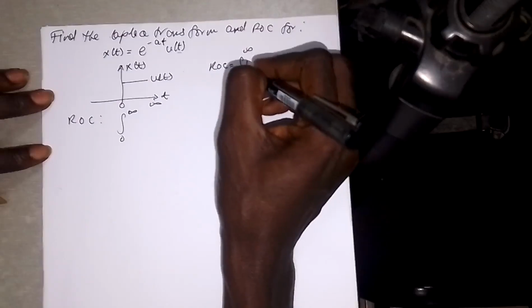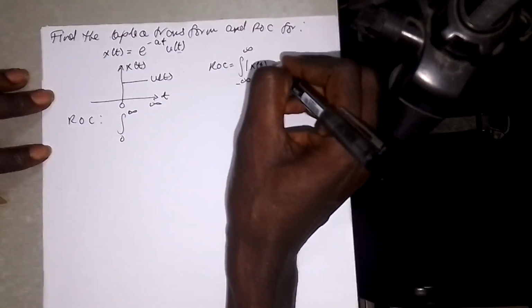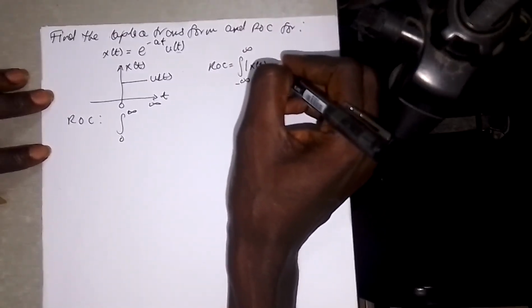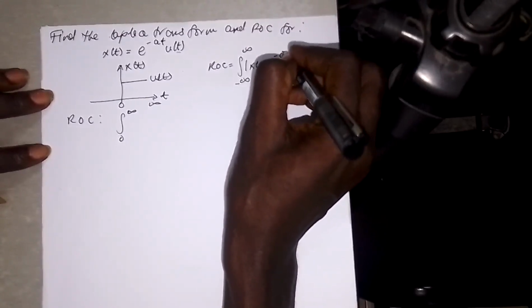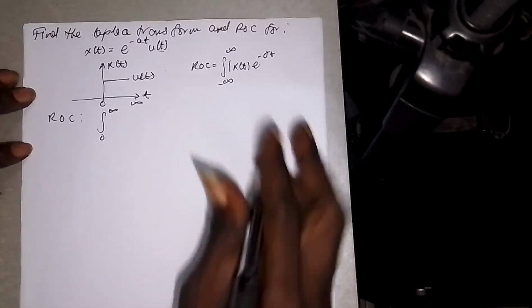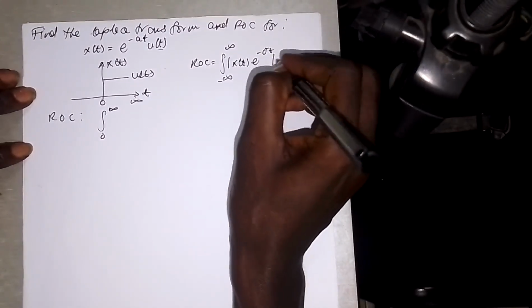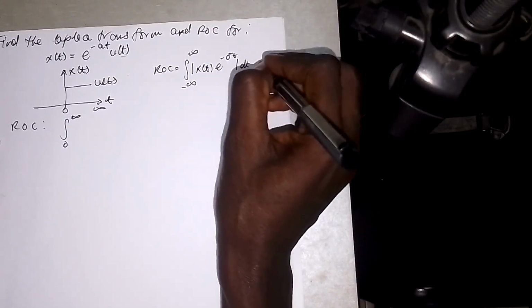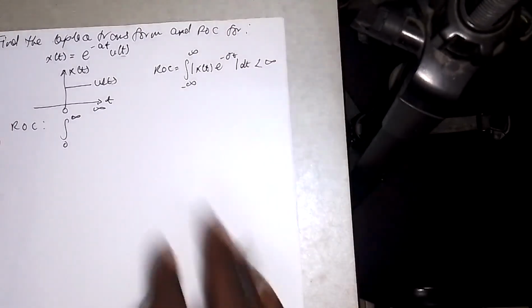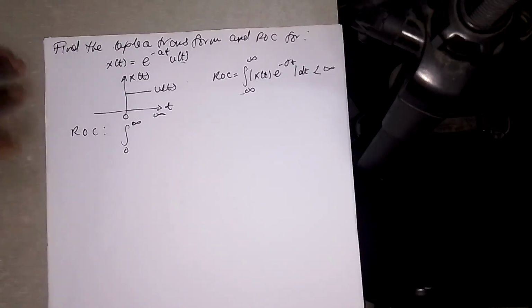Okay, we have the integral of x of t into e exponent minus sigma t, absolute, into dt, which is supposed to be less than infinity. So this is the formula that we have for the ROC.